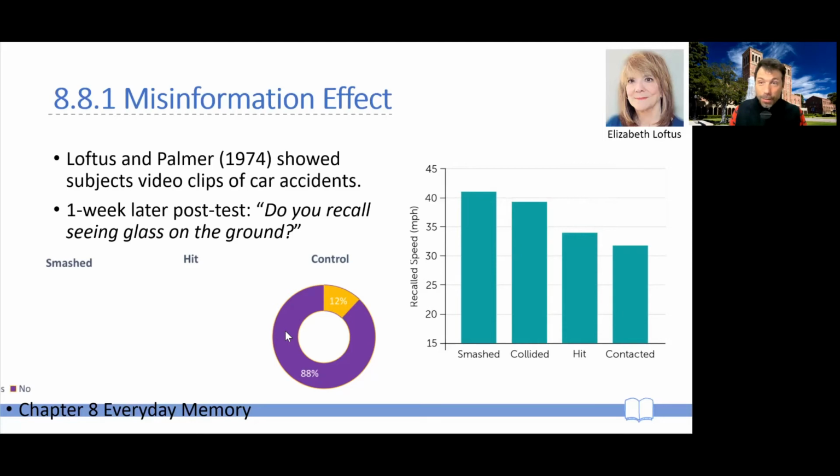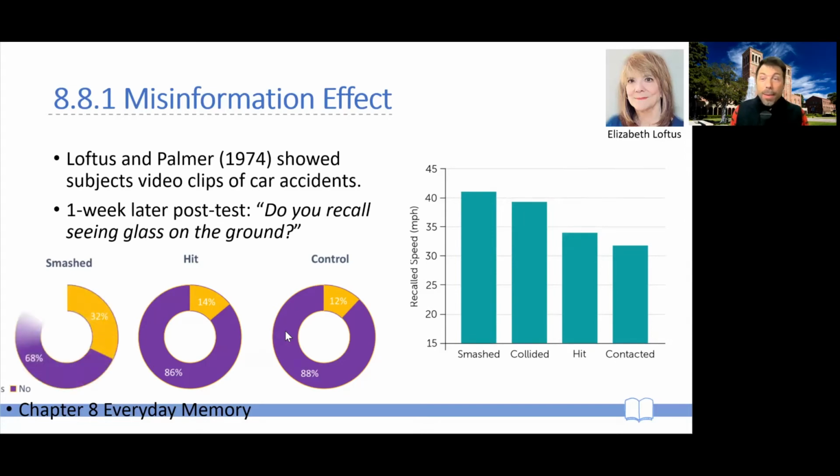The group that was asked, how fast were the cars going when they hit each other, responded just about 14% of the time, yes, I remember seeing glass, and 86%, no. What is interesting is now you take the group that heard smashed. They reported 32% of the time that there was glass on the ground, 68% of the time there was not.